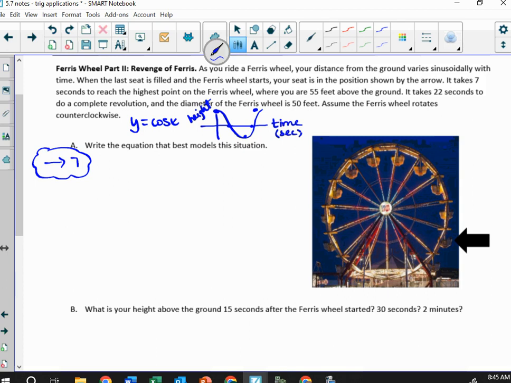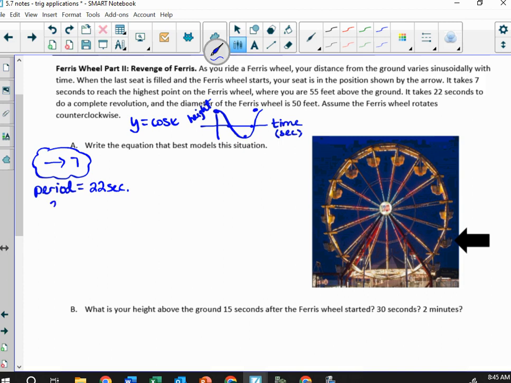The next part, we're going to talk about the period. How long did they tell us it takes to do one full revolution on this Ferris wheel? 22 seconds. That's the period. It's how long it takes to go all the way around. So what do I do with that as far as finding something in my equation? What do I set 22 equal to?